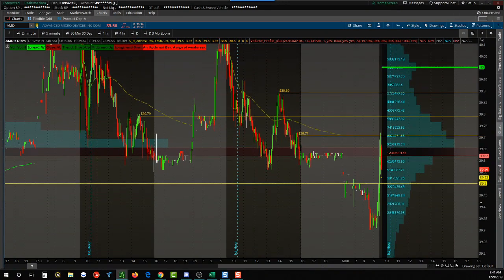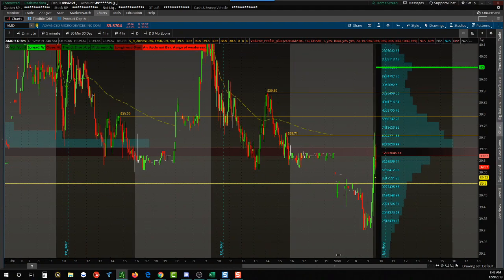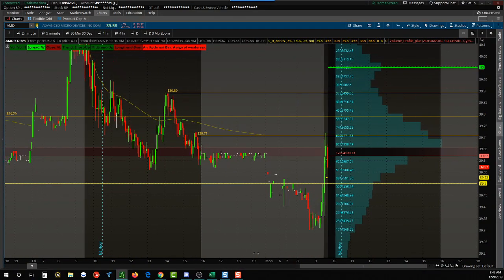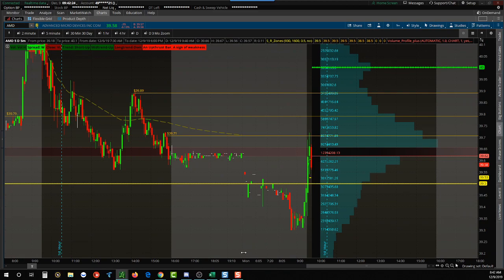What we don't want to see is price come up, hit one of those areas, and fall completely back down like this. That's a hard rejection. Or like this morning, we hit that 39.70 range. This pivot here took a hard rejection, and we're going right back down to the open.